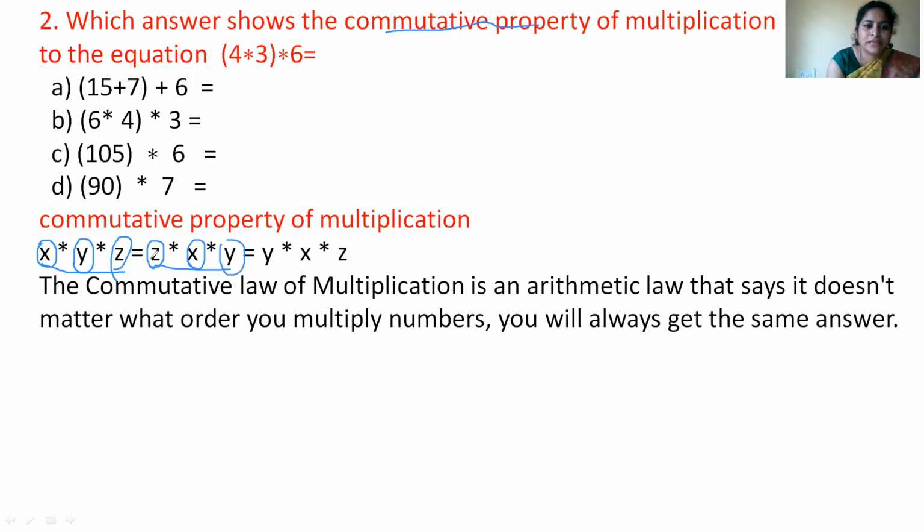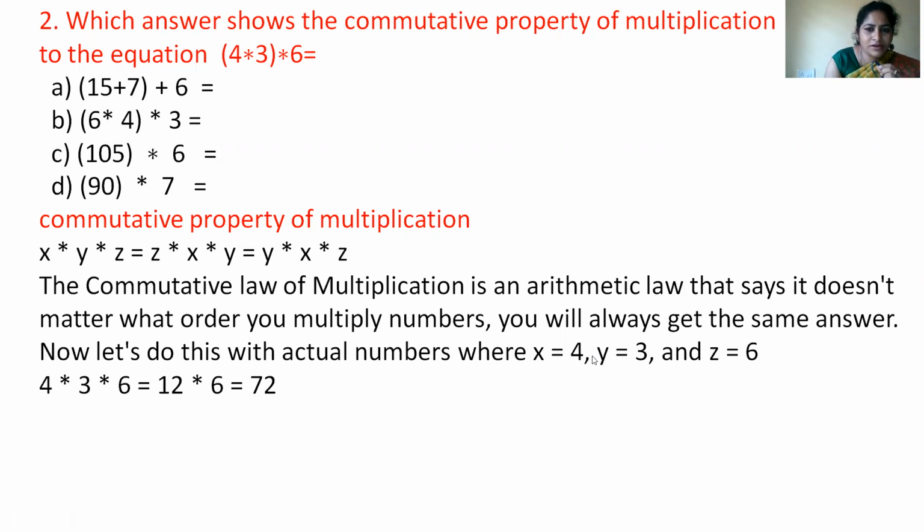So the variables are same but written in a different order. Again, z into x can be written as y into x, and into y can be written as z. The variables are same but written in different order is called the commutative property of multiplication.